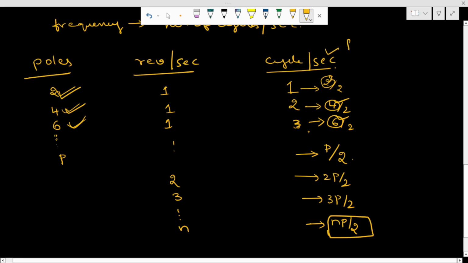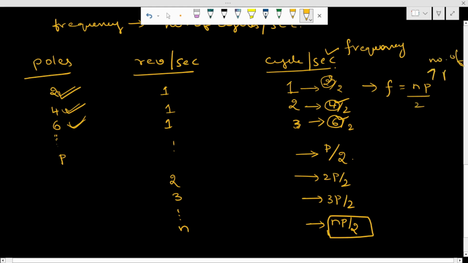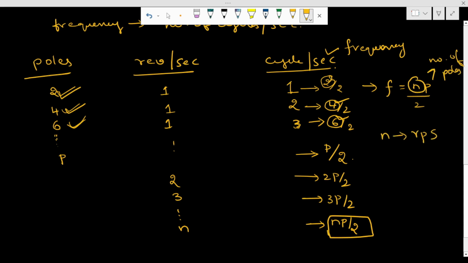Cycles per second is nothing but frequency. Okay, frequency F is equal to np by 2. Here p is the number of poles, and small n is RPS, revolutions per second.